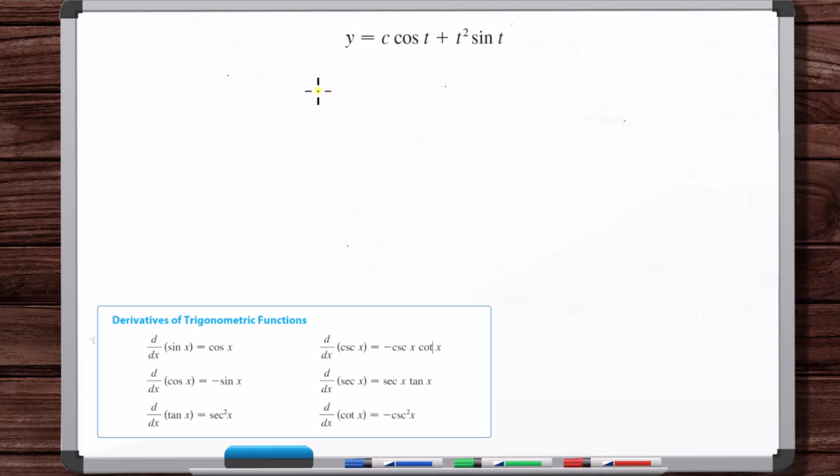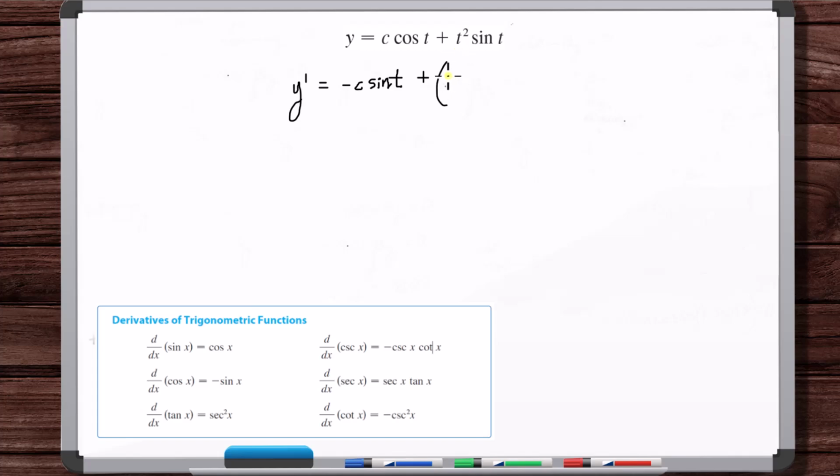Okay, so we can just do this derivative and then plus this derivative. The derivative of c cosine t. C is a constant, so it's just c times the derivative of cosine t. The derivative of cosine t is minus sine t, so minus c sine t. Okay, plus this derivative, we need to use the product rule.